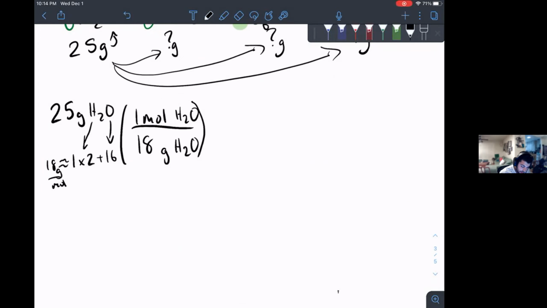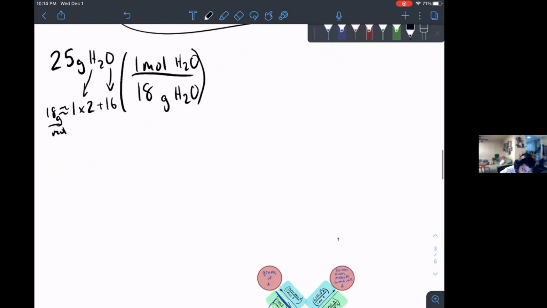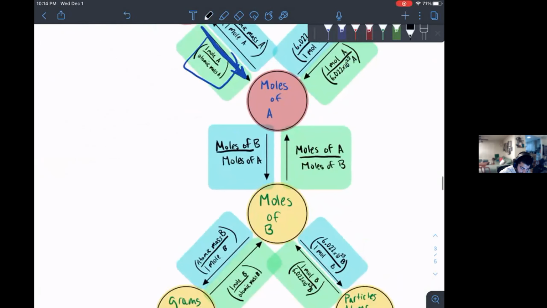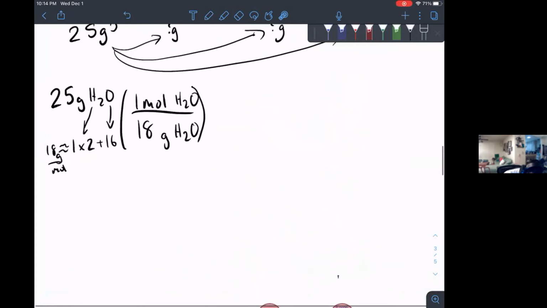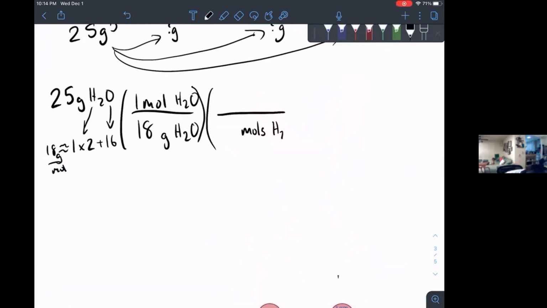Then we're going to go ahead and run into our second parentheses, which is going to take us moles of B over moles of A. So you'll notice the moles of what we're starting with is on the bottom. So right here, the moles of what we're starting with is on the bottom. So I'm going to go ahead and put that there. So our second parenthesis is moles H2O on the bottom.